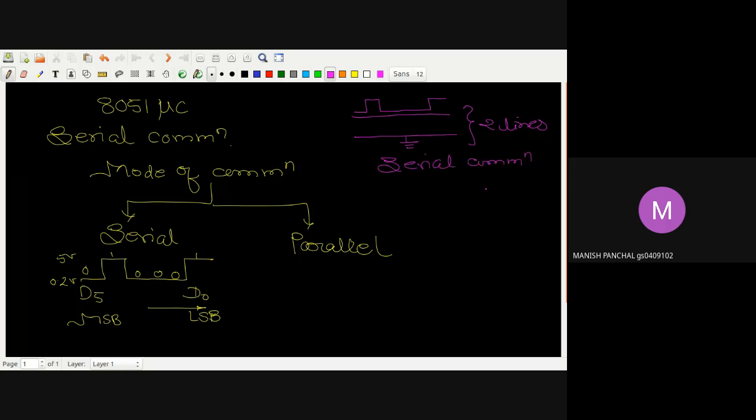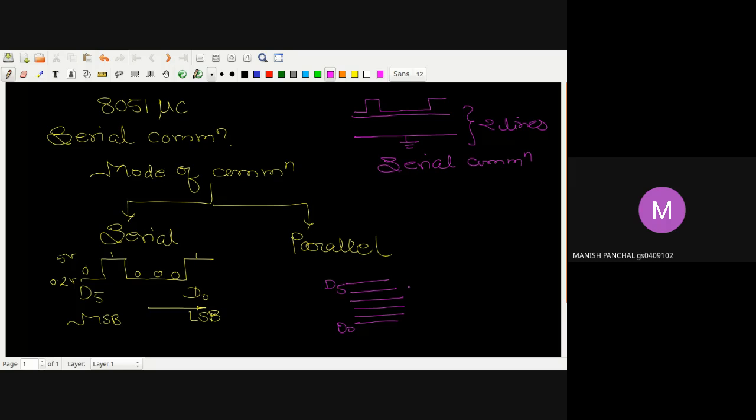While in the case of parallel communication, for example, if I have a total of 5 data lines here, how will I send the data? For example, I start with D0, D1, D2, D3, D4 and D5. So this starts from D0 and ends at D5.